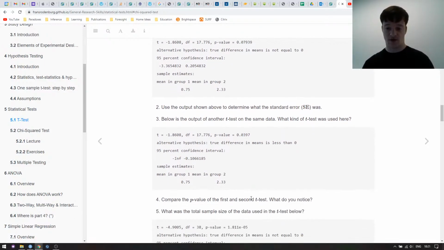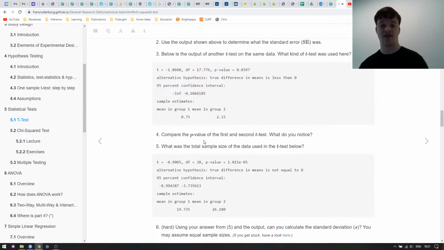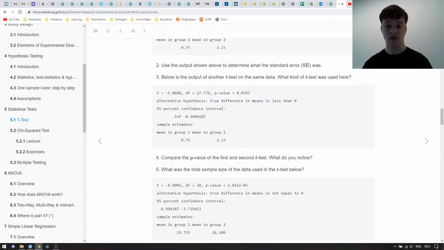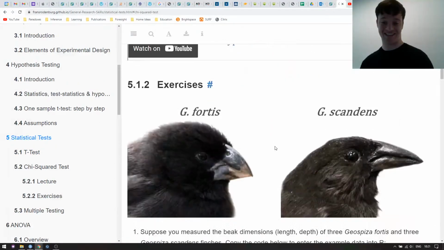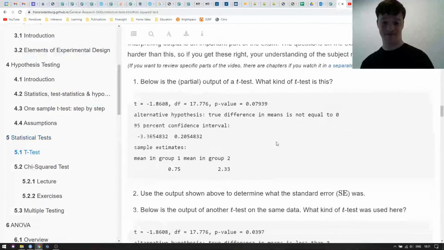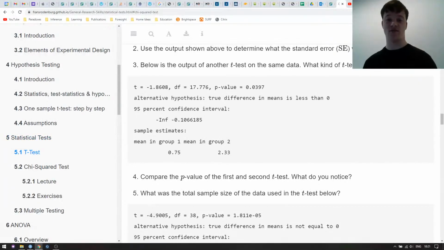Then we have number 3, and again the question is, what kind of t-test was used here? What's different about this one? Shall I make it bigger, or is this okay? Bigger? Yeah, okay, so what's different? This is number 3, in the output of number 3.